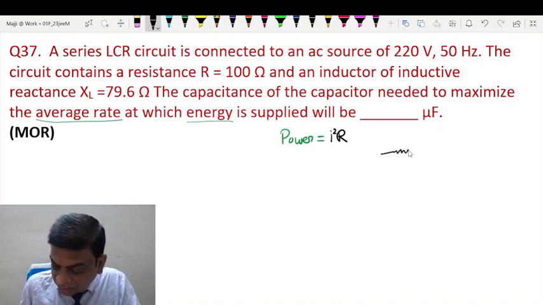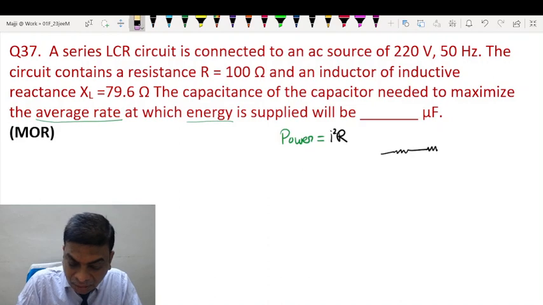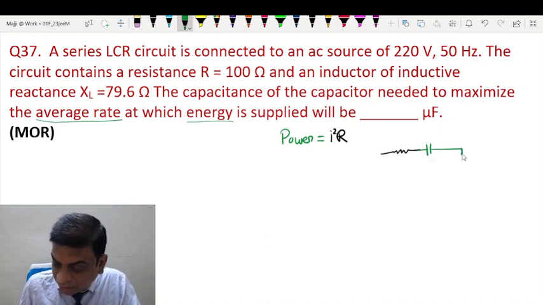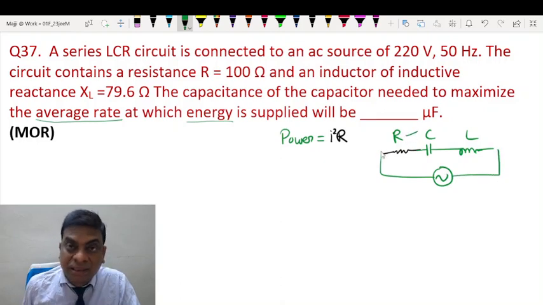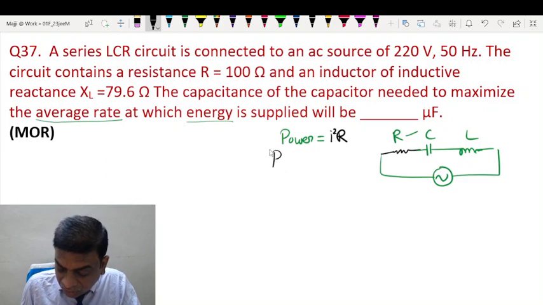In any circuit, it could be having capacitor, resistor, anything, the power losses is always in the resistance. So always you have to use this one, I square R. So in order to maximize this, current should be maximum.